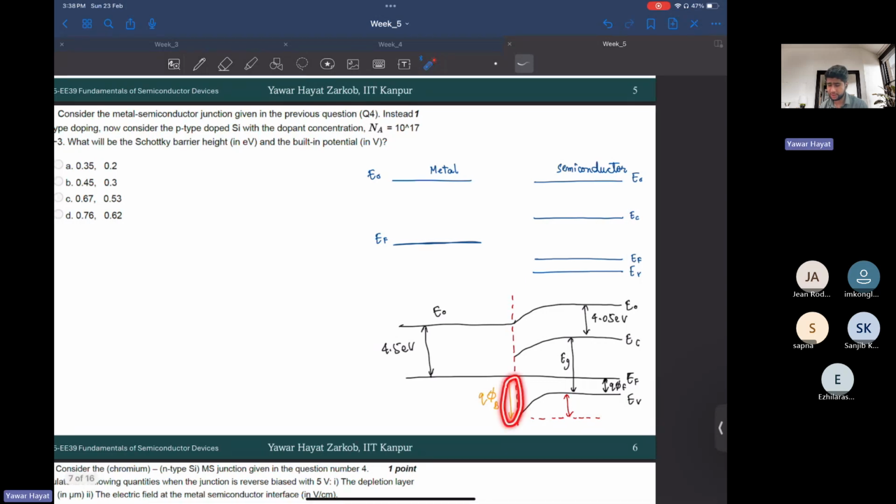Schottky barrier height is equal to this height minus this, right? This much you know. This is your metal work function, 4.5 electron volt. But what about this? This is the sum of two things, right? What are those two quantities?